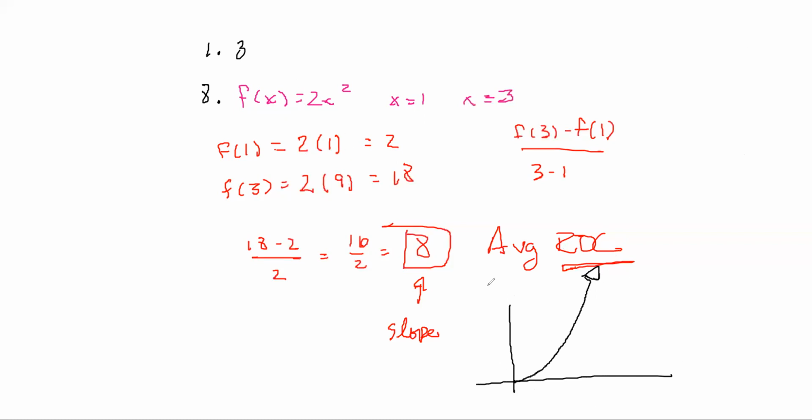And we have this is 1, and this is 3. I'm going to draw a line between these points. And so the slope of this line is going to be, that is not necessarily what's going on in the actual graph.